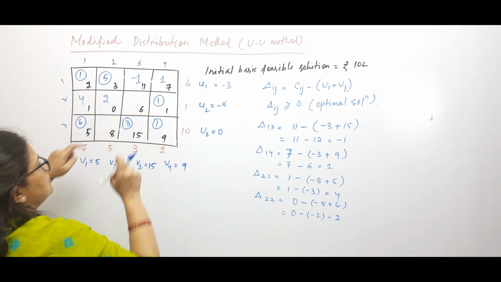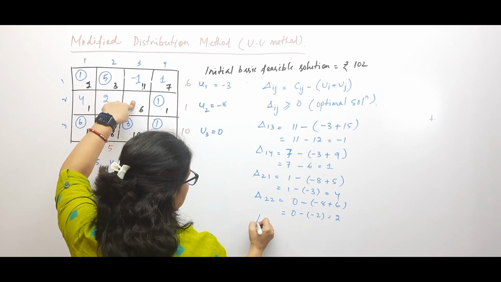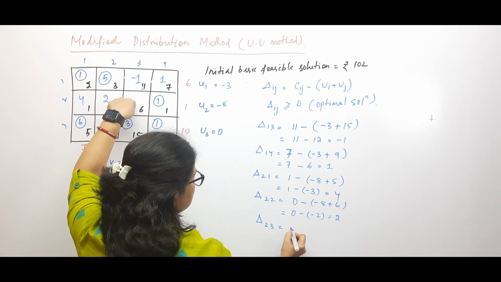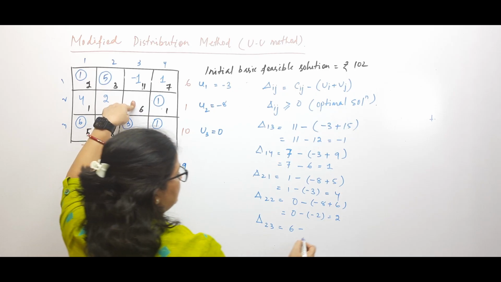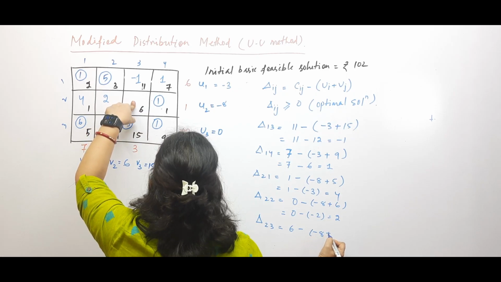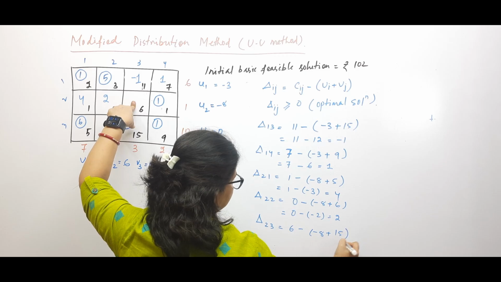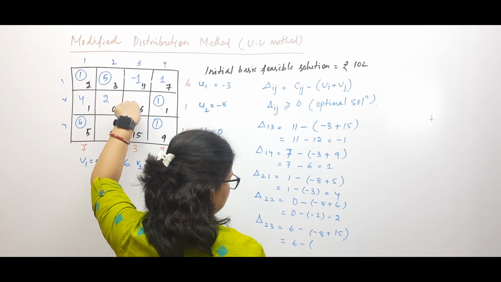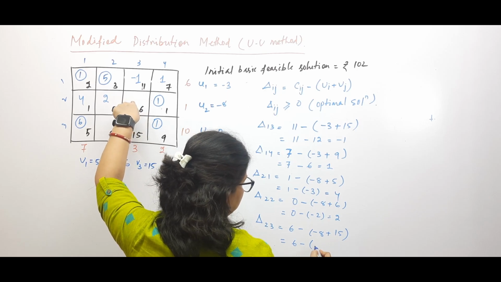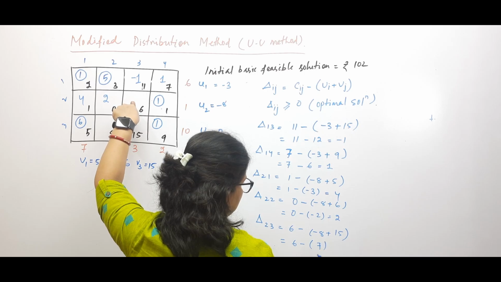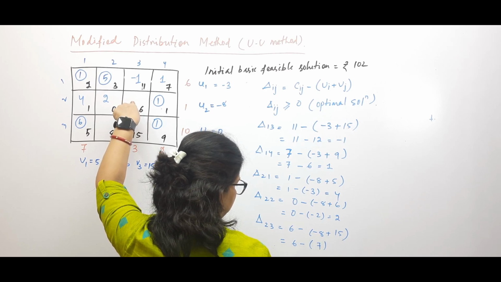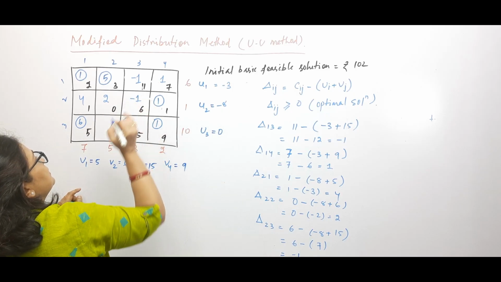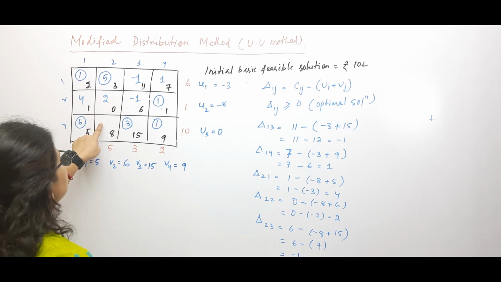This is delta 2, 3, which is equal to 6 minus 8 plus 15, which is equal to 6 minus, this is 7 actually, minus 8 plus 15, so 6 minus 7 means minus 1. So here minus 1. Now 1 left here.